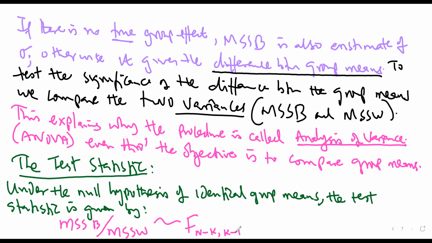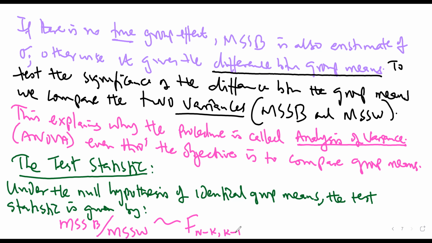And as you know, we are dividing two variances. And clearly, all the values, the numerator and the divisor, are non-negative. They can never be negative. So that means even their quotient is also non-negative.